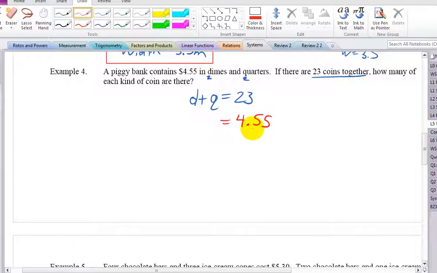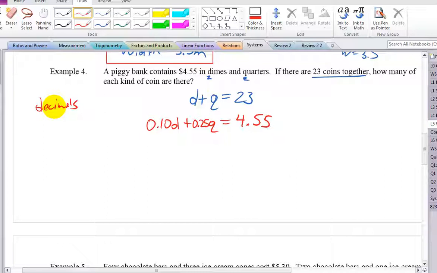Now, how would you write the value that you have in dimes? It would be 0.10D. It's got to be in dollars, plus 0.25Q equals $4.55. You gotta watch your decimals.